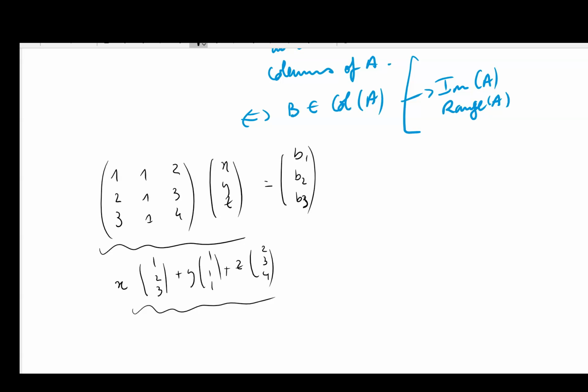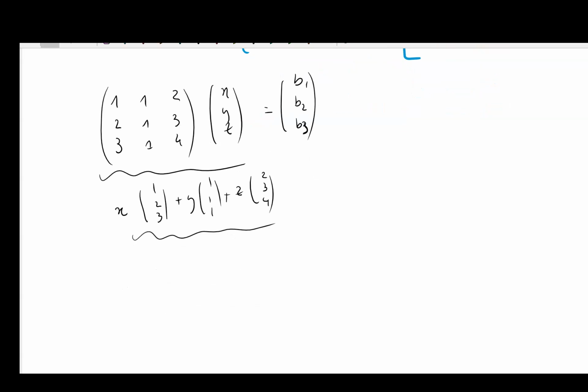Maybe you've already spotted the problem. We are in R^3 and we have three vectors, but this third vector, which we could call a3, is actually the sum of a1 plus a2. So all the linear combinations of the three columns are just linear combinations of a1 and a2.